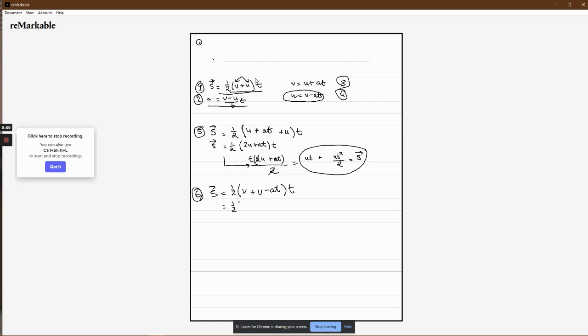So this gives us half 2v minus at multiplied by t, which in the end, step by step, 2v minus at in brackets t over 2, which gives us vt, because the 2's cancel out on this side, but not on this side, remember that, minus half at squared, or vt minus at squared over 2.